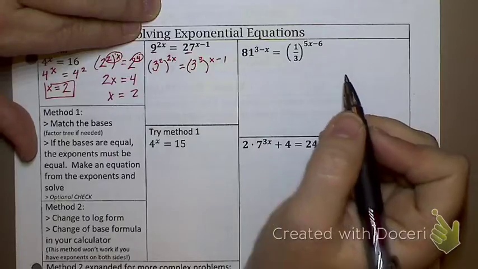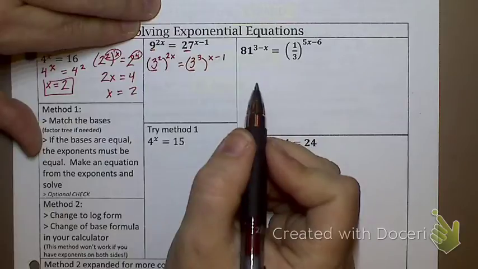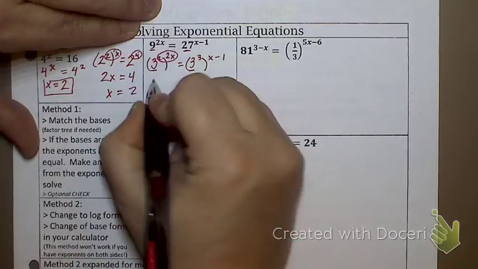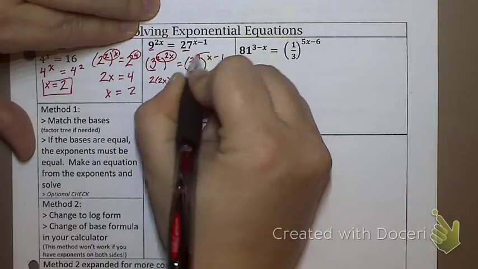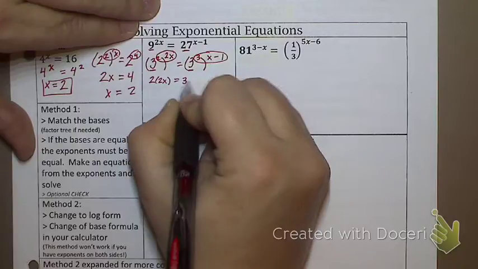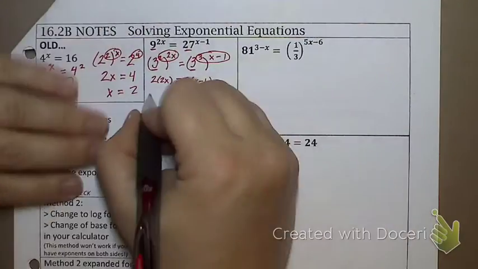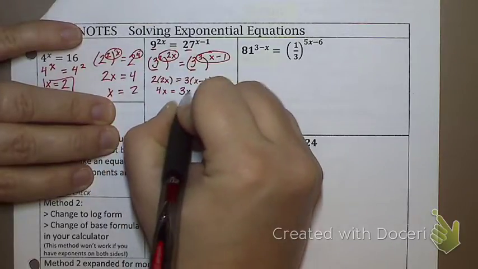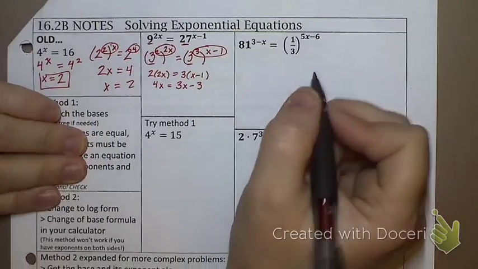Yeah? So do my bases match now? Big numbers are both 3, right? So guess what? 2 times 2x equals what? 3 times x minus 1. Or in other words, 4x equals 3x minus 3. You following me?